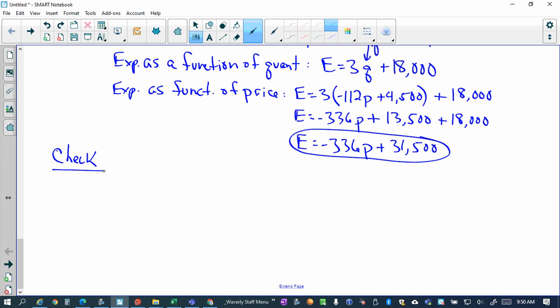We give an expense function, and then they went out and had their accountants and analysts develop a demand function. So we can write that expense now in terms of price. So we have E equals 4Q plus 78,000.